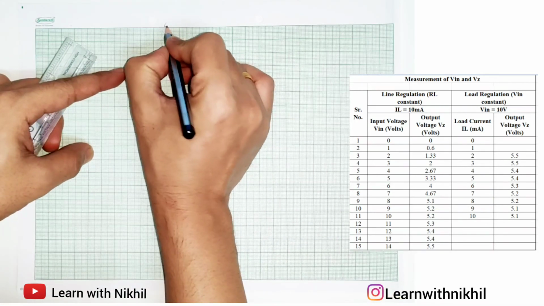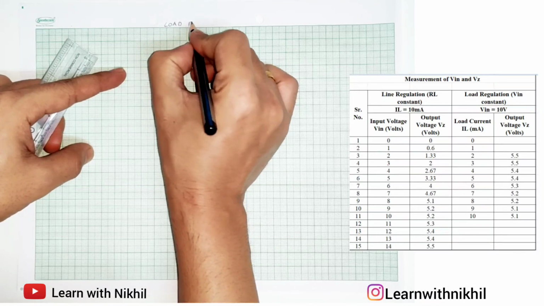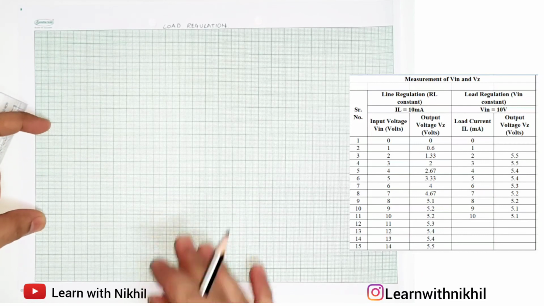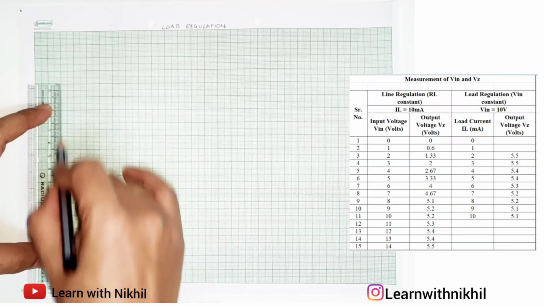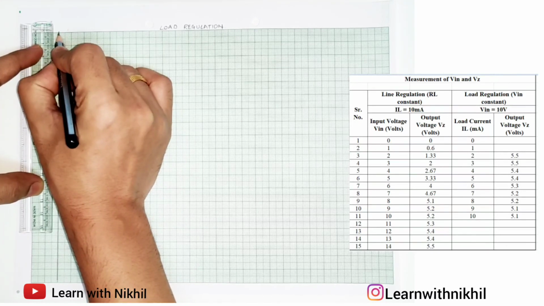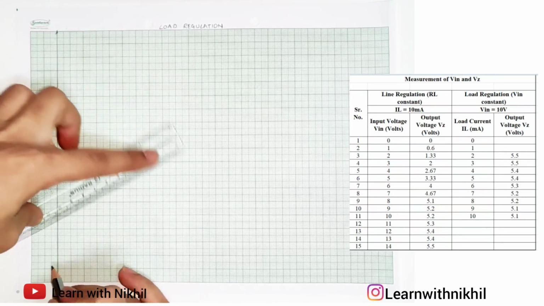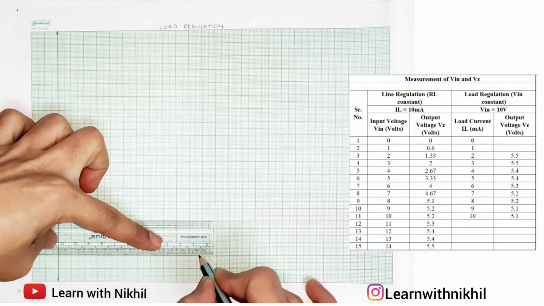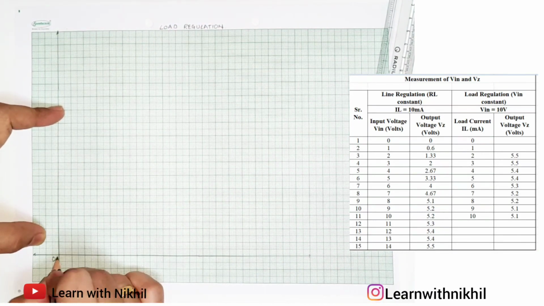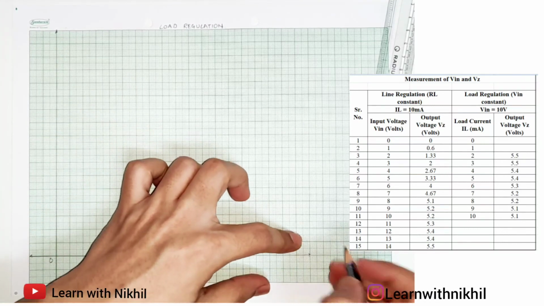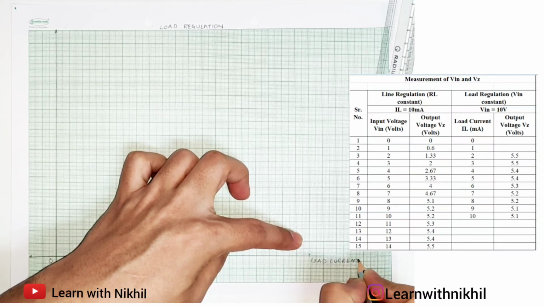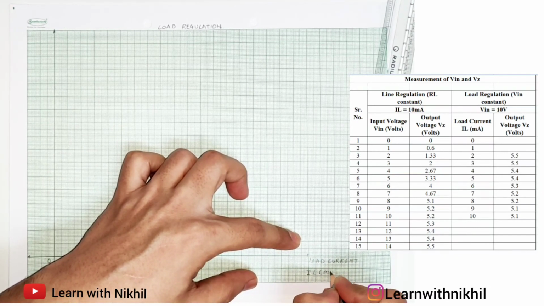In load regulation, the graph is load current versus output voltage. So on the x-axis, we are going to consider load current, and on the y-axis, output voltage. This is the starting point. On the x-axis, we are considering load current, that is IL, in milliamperes.